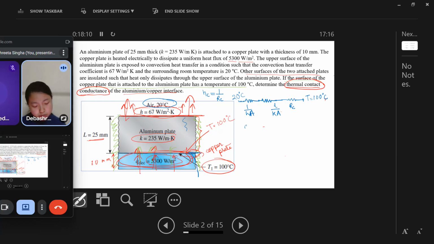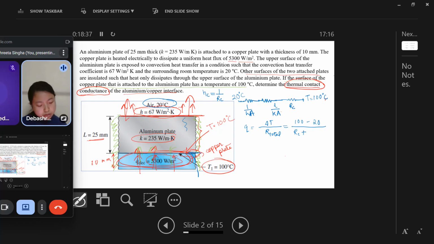So Q is given by delta T divided by total resistance R total, and delta T is given by 100 minus 20. And what are the resistances?